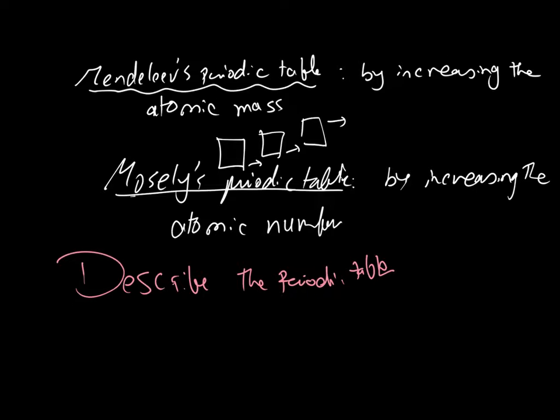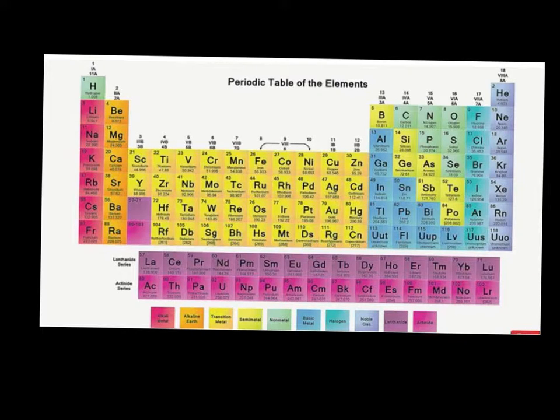Looking back at the periodic table, you will notice the following. The elements are arranged in increasing order of their atomic number, as we have just said, but in a way that the elements that have similar properties fall in the same column or group. So here, for example, it's group 1. Group 1 contains elements that are all similar in their properties.